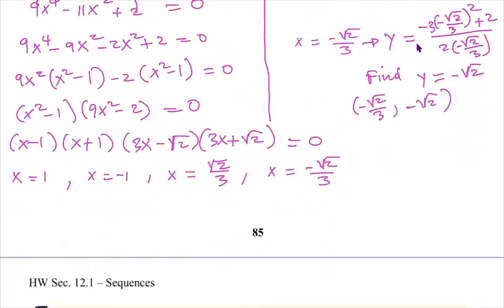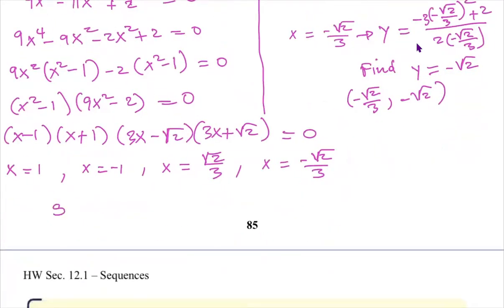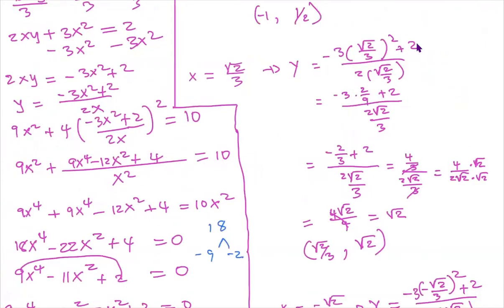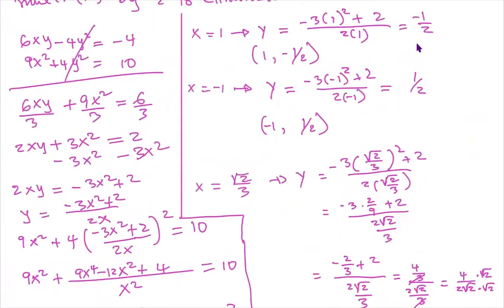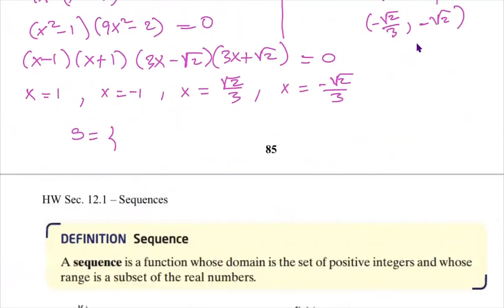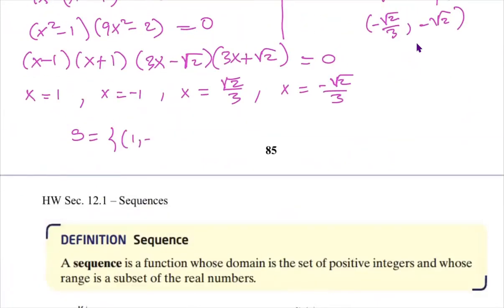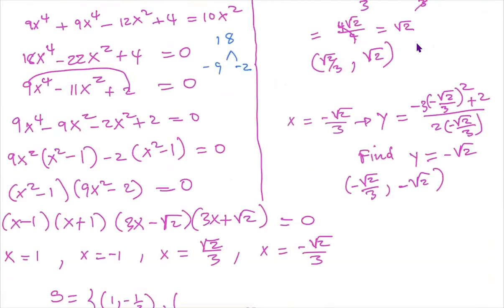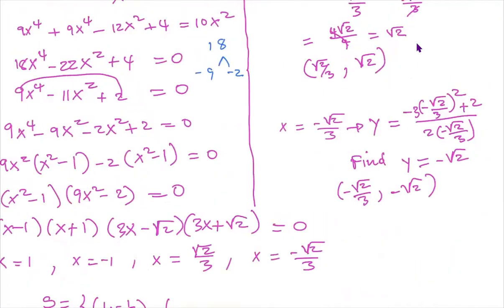So your solution for the system is all the solutions we found. 1, negative 1/2. Negative 1, 1/2.